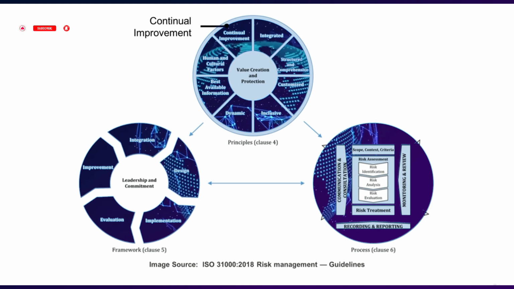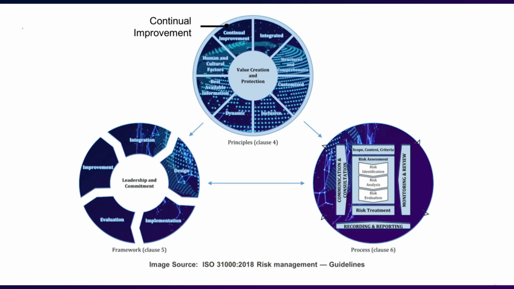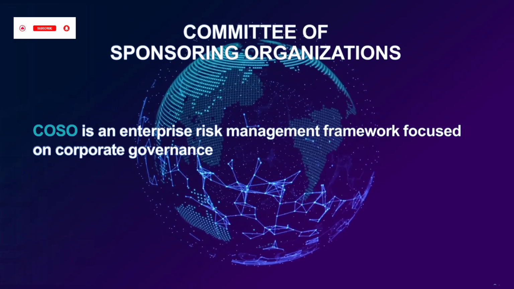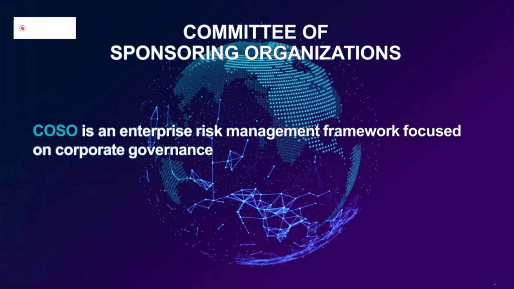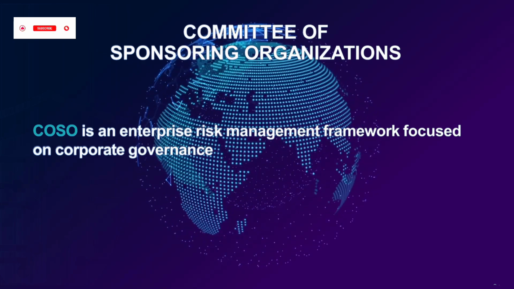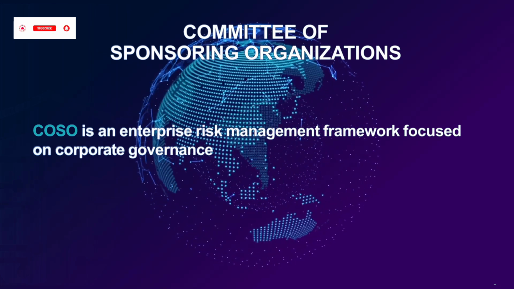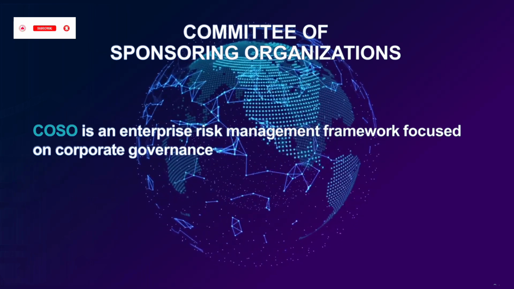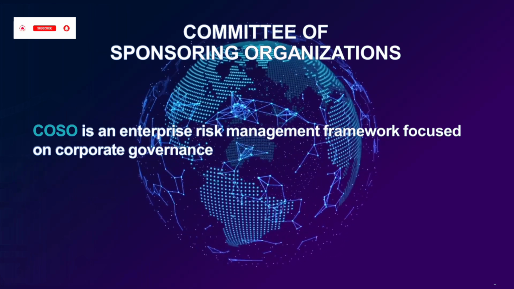Then we also have a risk management framework, COSO, the Committee of Sponsoring Organizations. This is an enterprise risk management framework that's focused specifically on corporate governance. Where you are going to see COSO is in Sarbanes-Oxley.